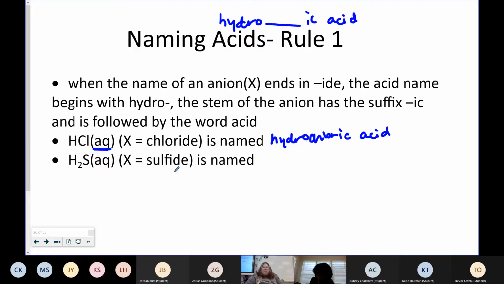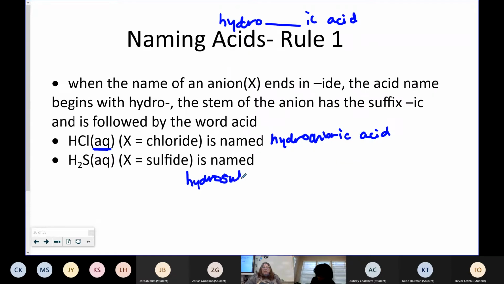Our next example is H2S. We're going to treat this the same way. S is sulfide with the -ide. So we're going to use the exact same pattern, where we have the prefix hydro, and then it's going to be sulfur.